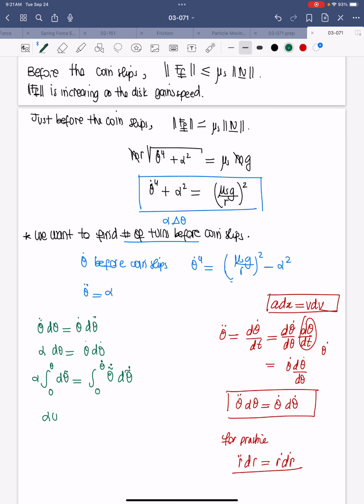We will get alpha theta is equal to 1 over 2 theta dot squared, and this is valid just before slipping happens.